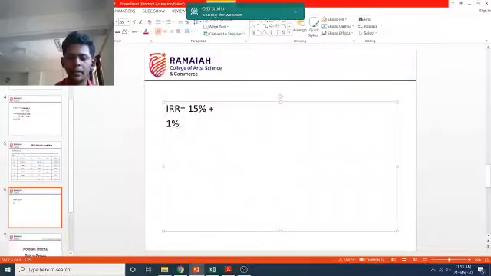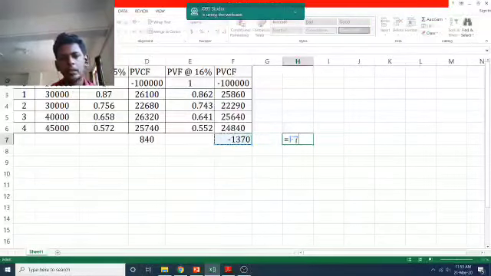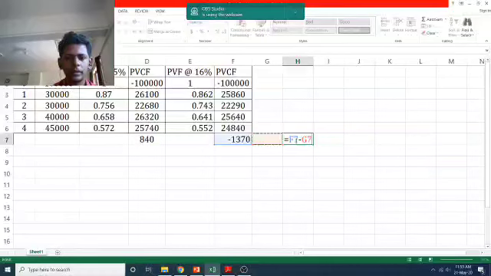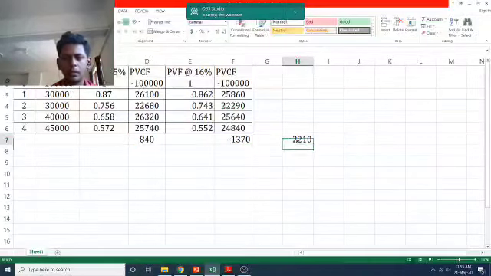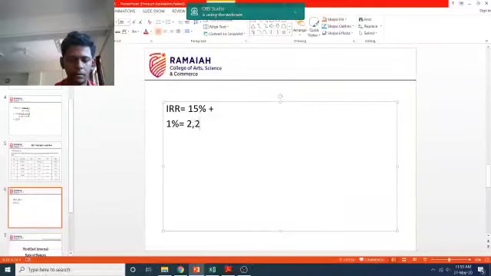A jump of 1%, that is from 15 to 16, results in a change, a difference of 2210 for 1%.